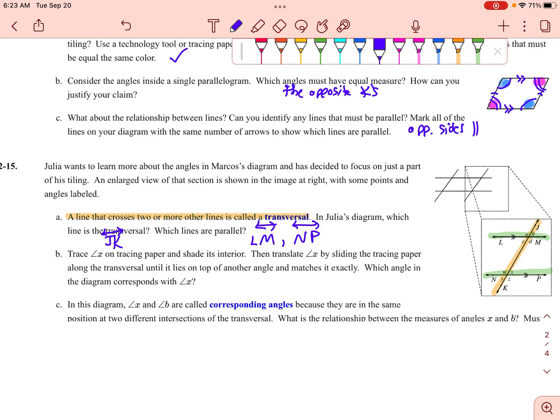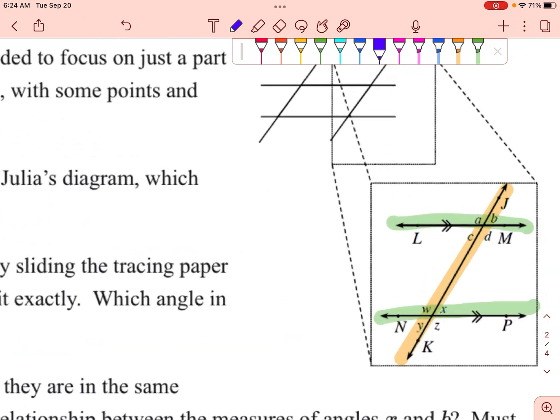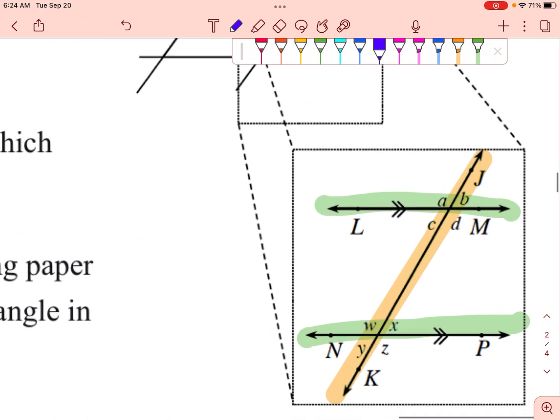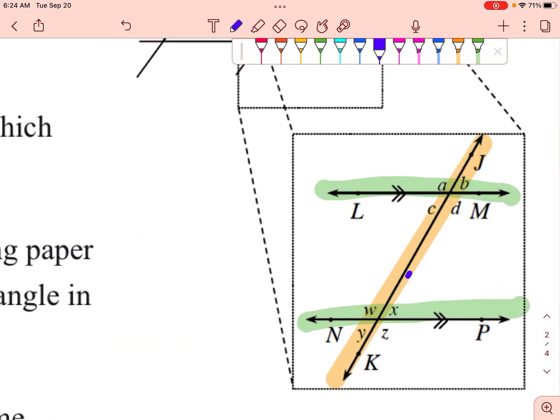Trace angle X onto tracing paper and shade its interior angle. Then translate X by sliding the paper up the transversal. Which angle matches exactly in the diagram with angle X? And you guys can see that in this diagram, you have angle X, and it asks to go ahead and shade it in. And I am going to cut it and slide it.